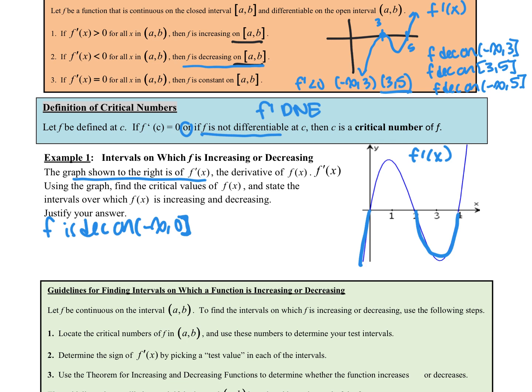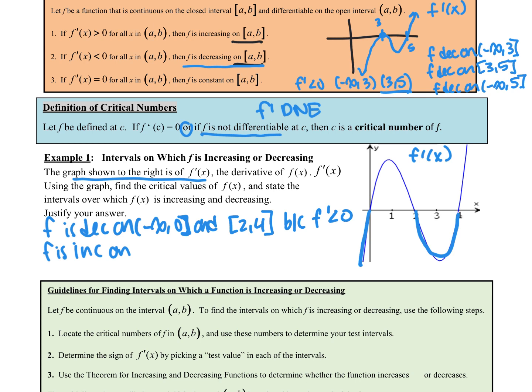And 2 to 4. Okay. And that is because f prime is less than 0 on those intervals, right?